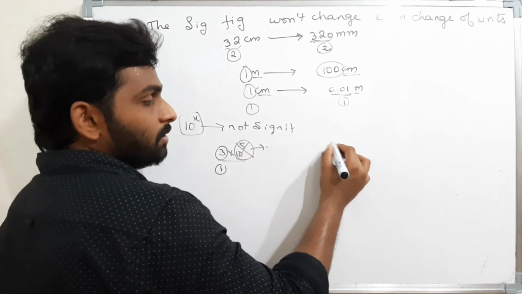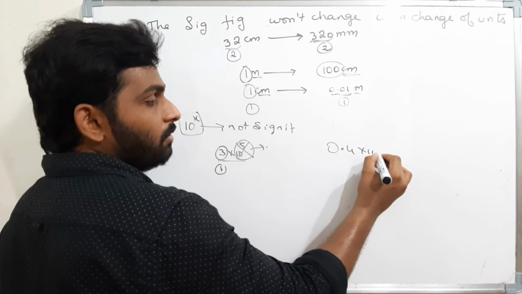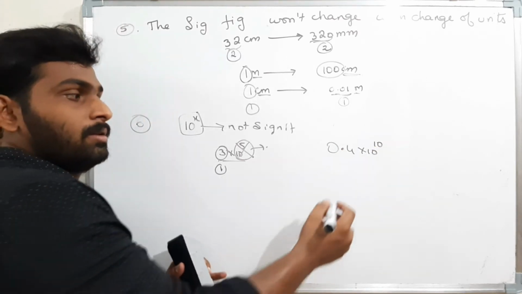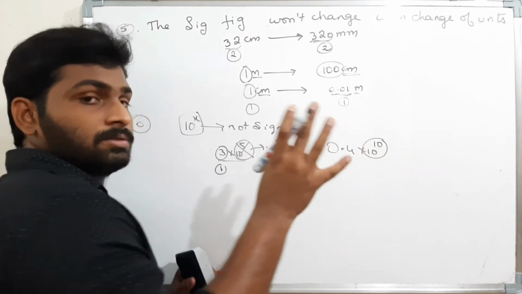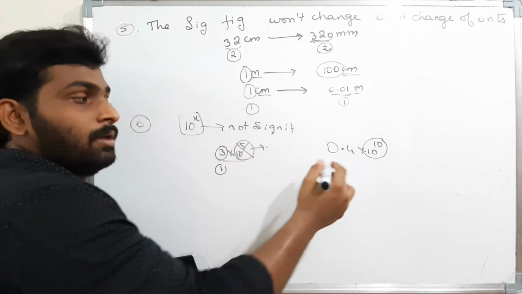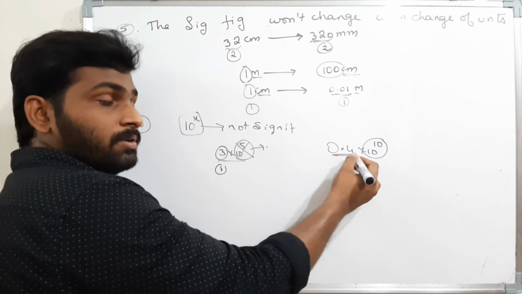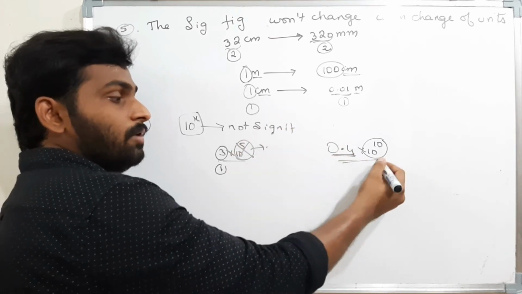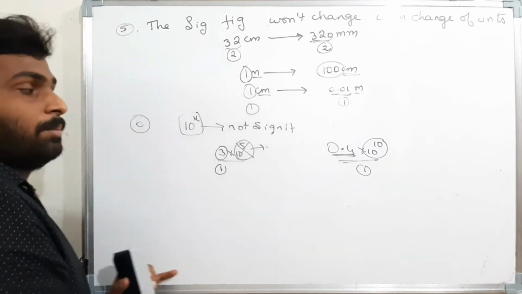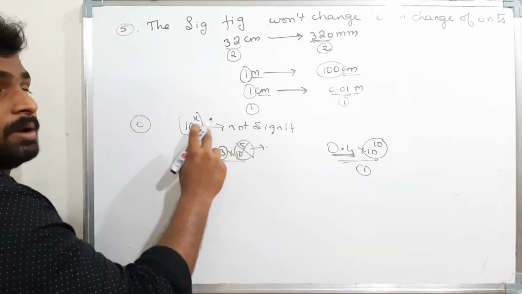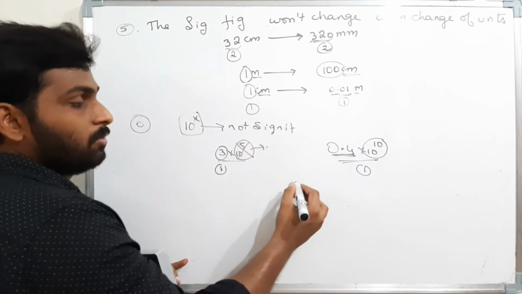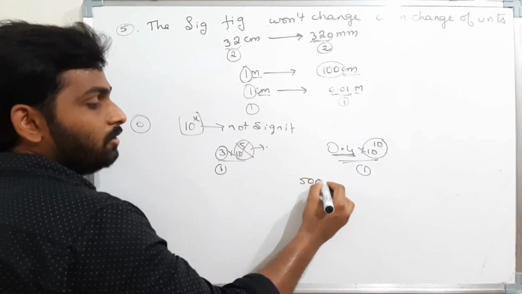Now see here, 0.4 into 10 power 10. How many significant figures? This 10 power 10 has no significant figures. I should see only 0.4. The 0 is on the left side, therefore it is not counted. Therefore, the number of significant figures for the whole value is 1. That means 10 power x is not at all a significant figure. Now we will see one more thing: 500 into 10 power 20.